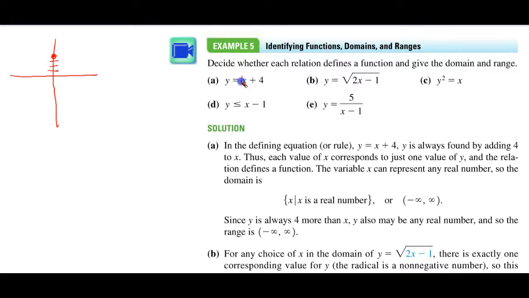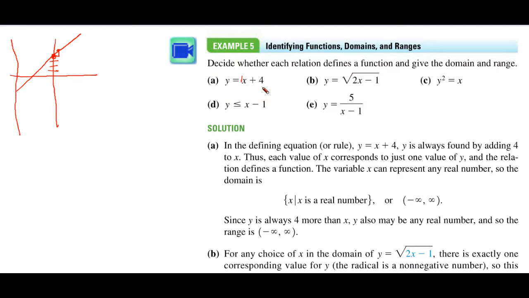Our slope is 1. So we go over 1, up 1. And this is the graph of that line. Now, does this pass the vertical line test? Yes. So this does pass the vertical line test, and therefore this is a function.